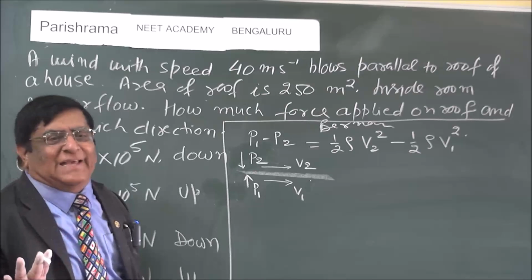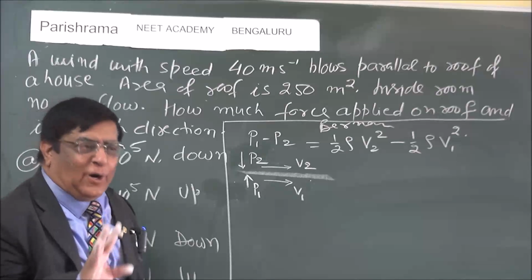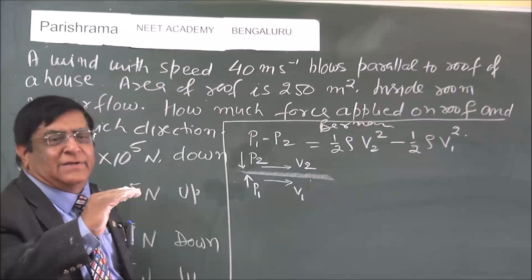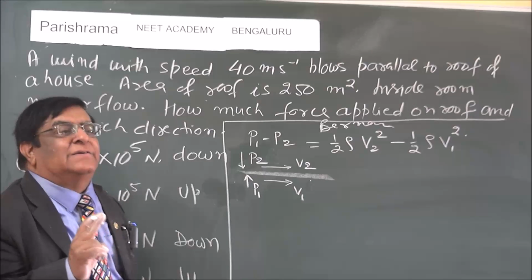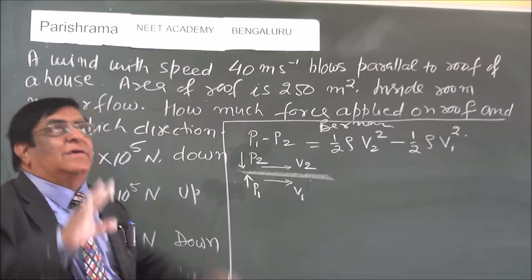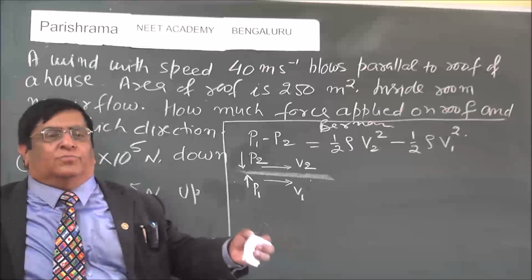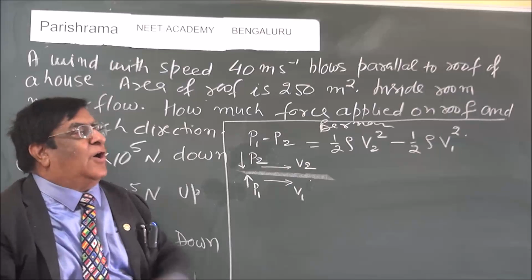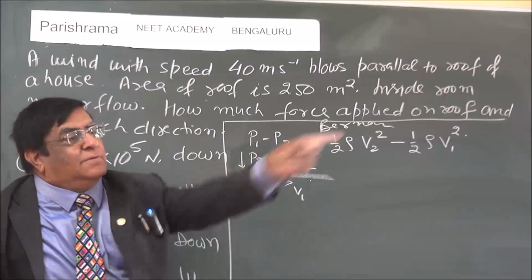Because the general principle is pressure works in all directions. So whenever it is having contact with a surface, it works in the direction opposite to the surface. Like this room has air pressure. What is the direction of pressure on that wall? In this way.